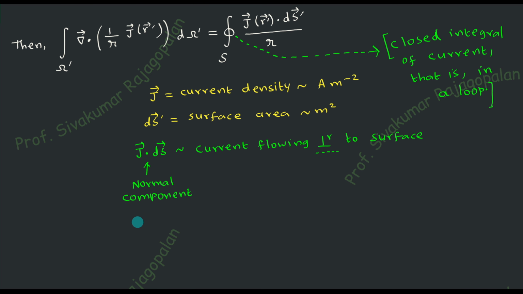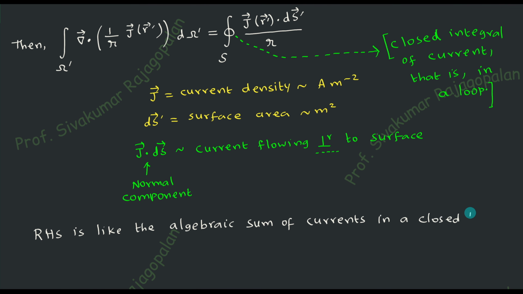Namely, when you have a circuit, and you consider the total current flowing in a closed circuit, the expression looks like the algebraic sum of currents in a closed loop. You know that the algebraic sum should be 0, because we are closing the loop, right? If it is an open loop, then it is not 0.